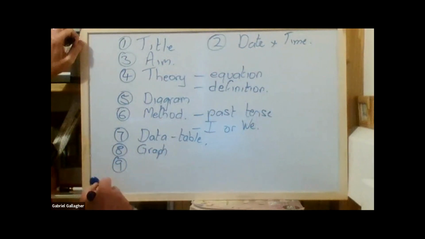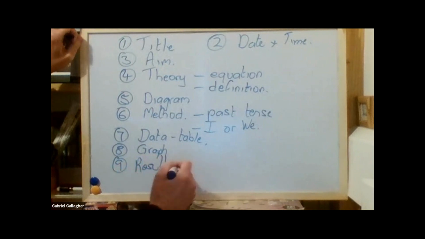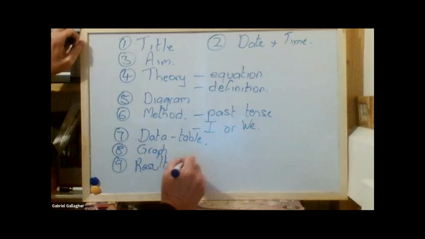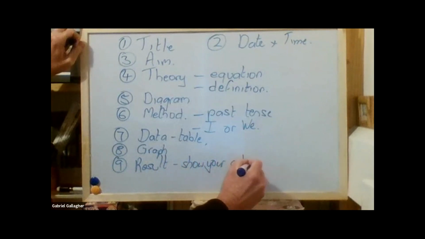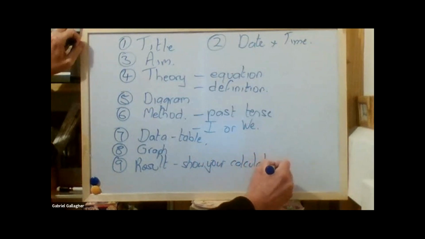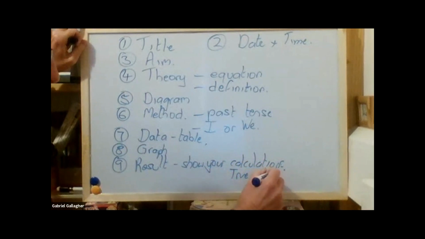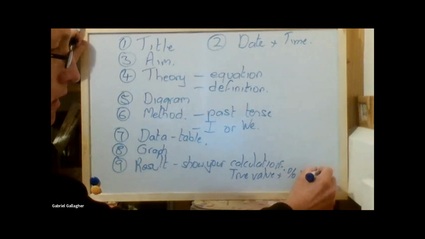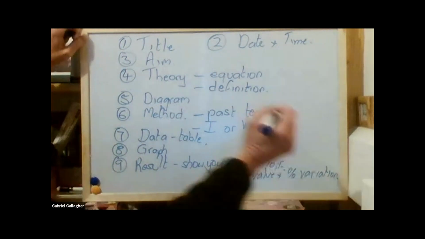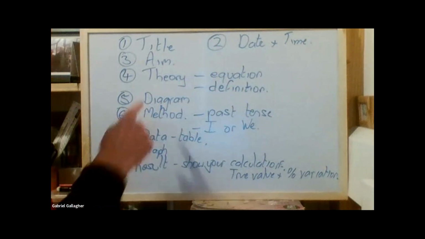9 is result. Show your calculations, and then give me the true value plus percentage variation. Okay, so in an experiment, you have a name.